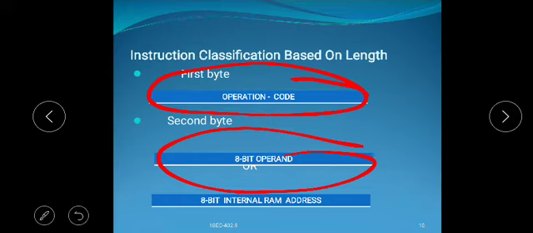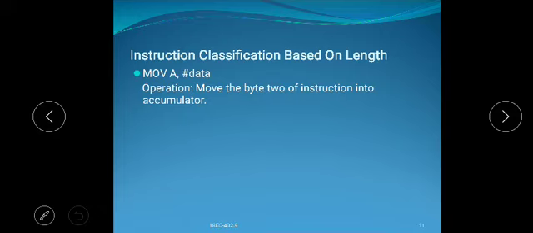The 2 byte instruction formats, for example: immediate data, like ADD or MOV A, #data.